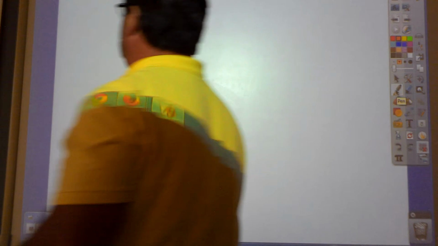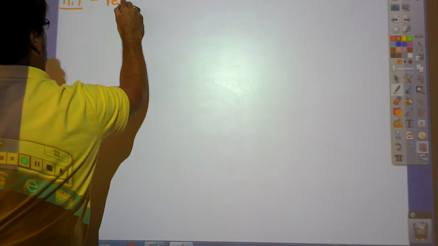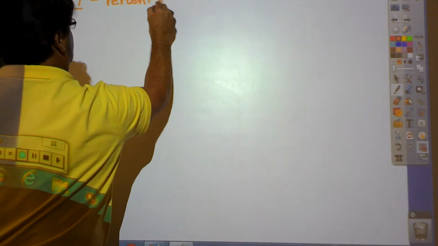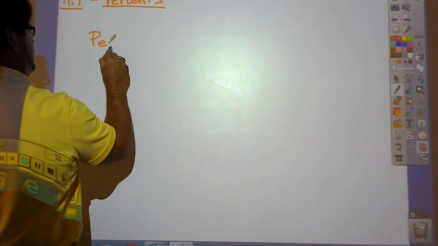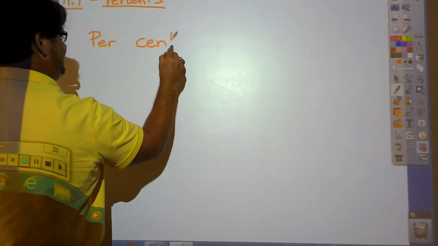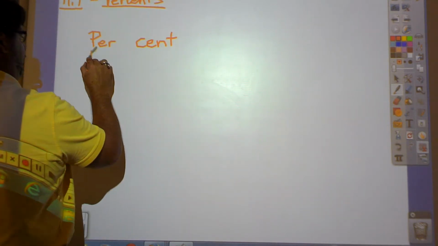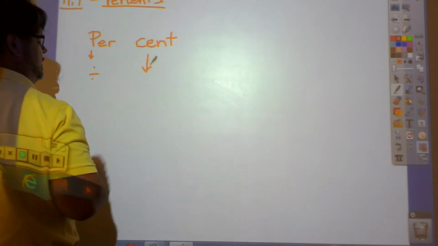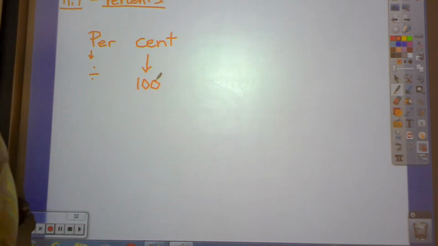All right. I think most of the problems that we're going to be doing in 11.1 is percentages. Of course, percent is 2 syllables, per and cent. Per means divided by, and cent, Latin word centus, means what? 100.